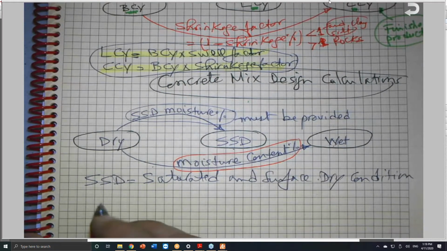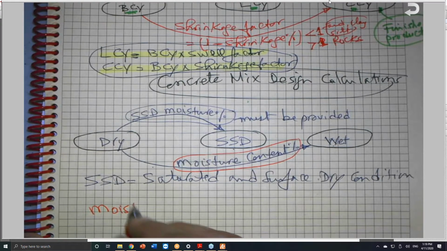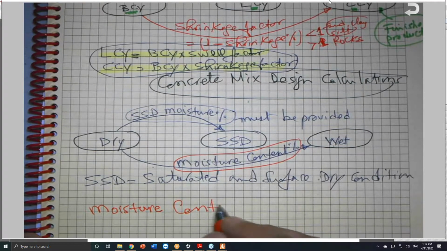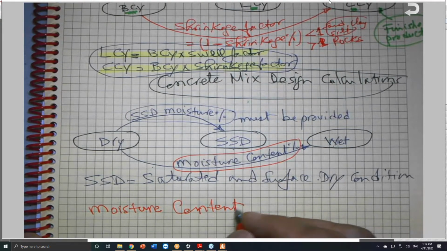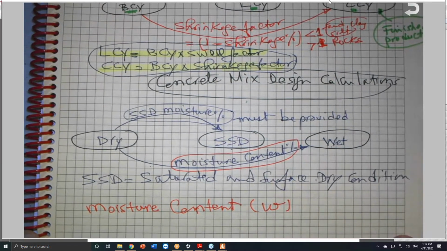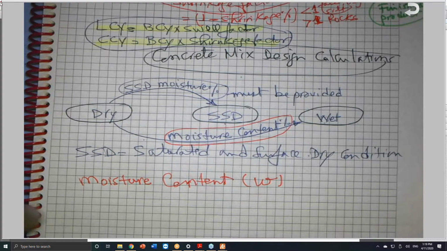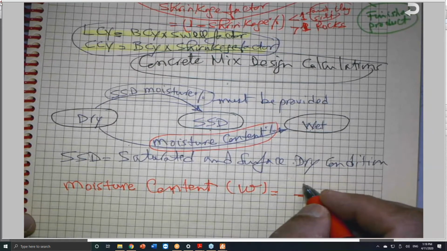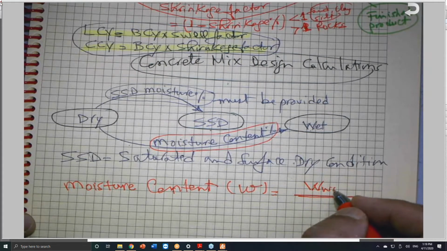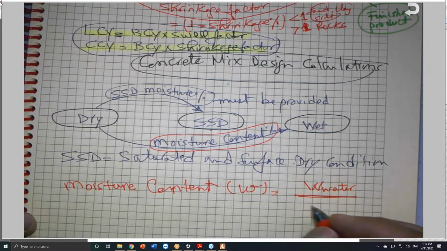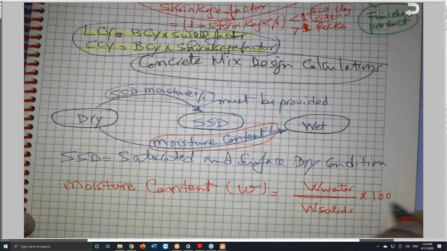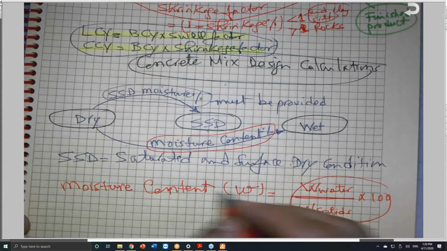Because the moisture content, which normally we use lowercase w, most of the books and most of the NCEES publication are using that, is equal to what? It is equal to the weight of the water, how much water is in the soil, over the weight of the solids. And we multiply by 100 to get it in percent. This is the definition for the moisture content.